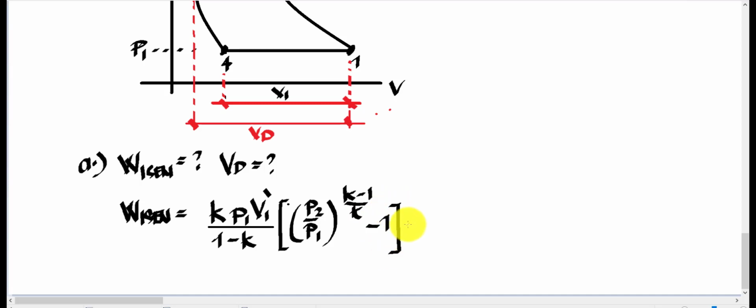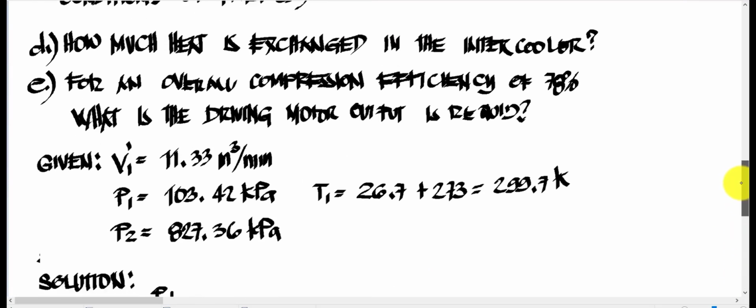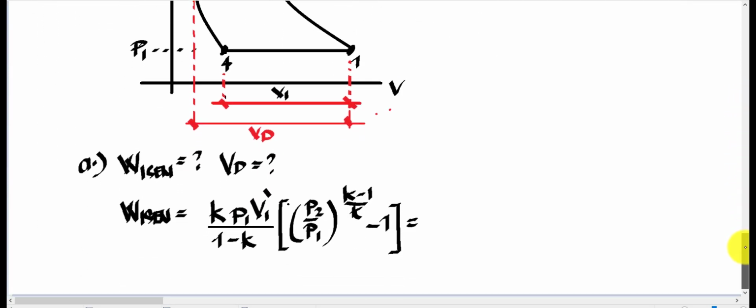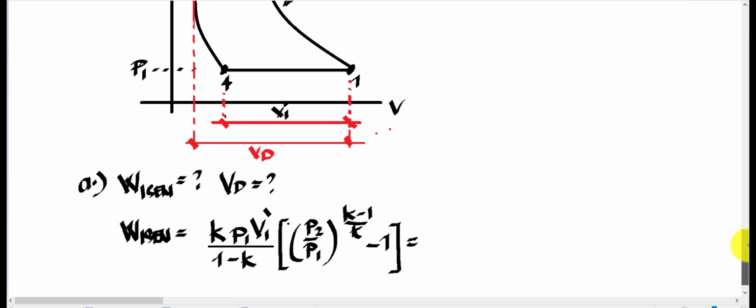Okay. So for air, we have the value of k that is 1.4. I'm going to list down here your givens. We have k for air equal to 1.4. We have the pressure 1, and the initial volume for the suction stroke, V1 prime. So we have that given.